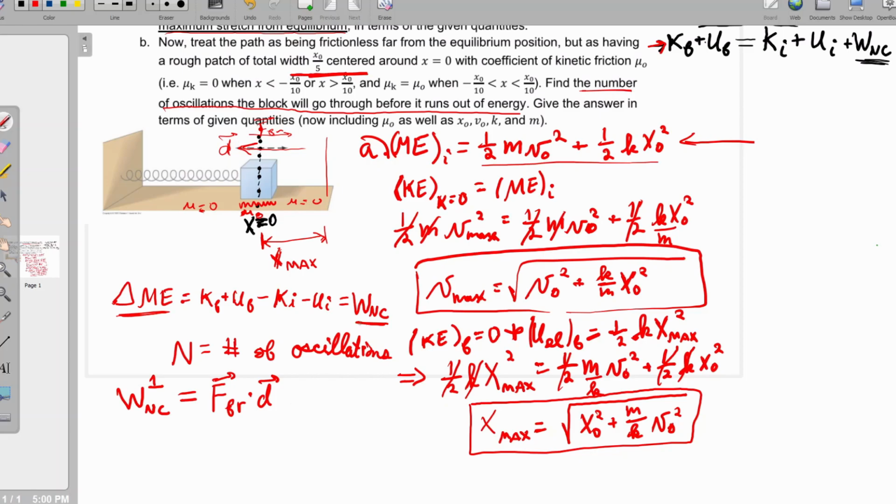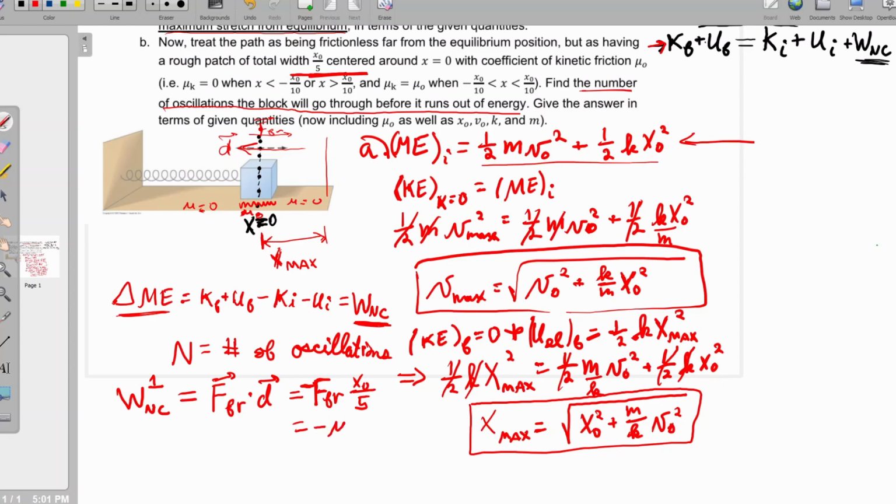And that makes sense because it makes sense that the non-conservative forces are removing energy from the system. So this is equal to whatever the magnitude of the friction force is times x0/5, and that's going to be a negative number, because they are anti-aligned with one another. And we know that the magnitude of the friction force is mu times the normal force.